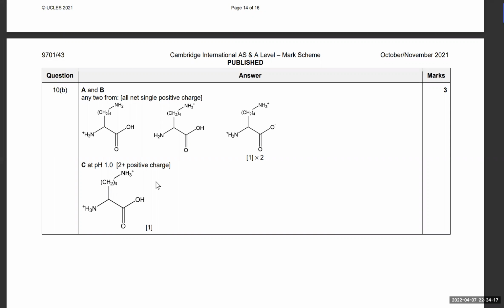And the other one it didn't lose. So any 2 from these 2, okay, fine. So we didn't draw this one. And pH 1 is this one. So fine. We didn't draw this one, but still we got full marks.